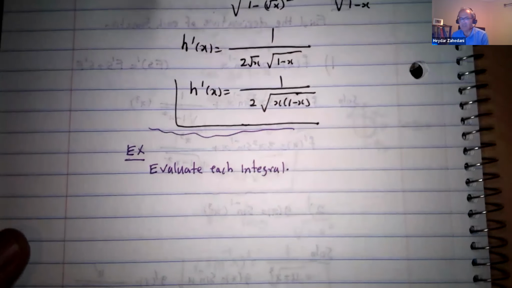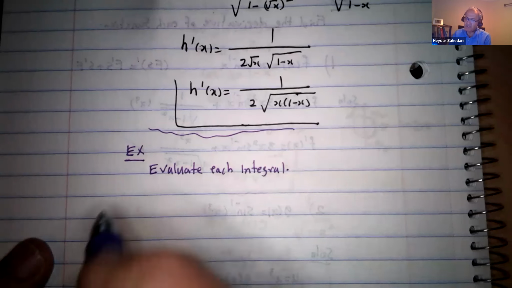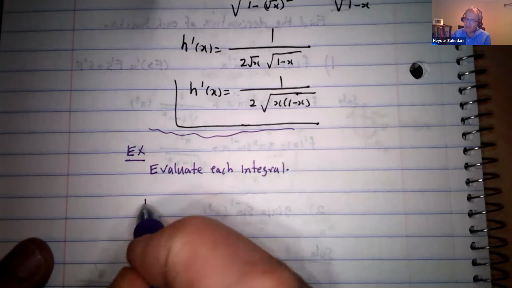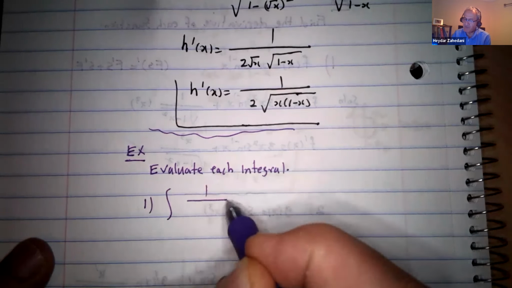Let's see what's going on with this one. The formula that we are going to have is going to be in this form. The first one is the integral of, you get 1, for example.